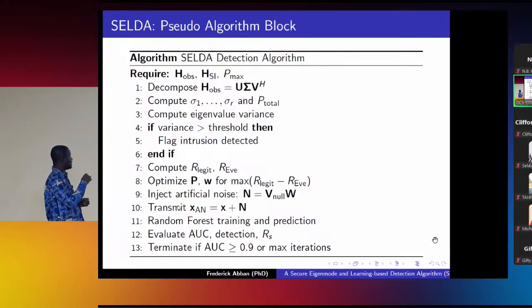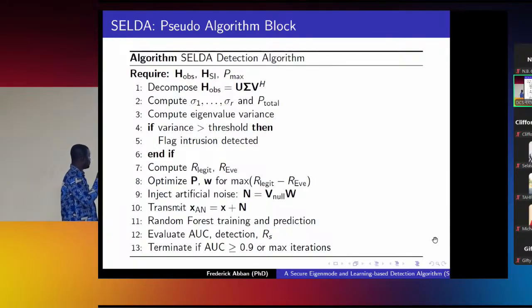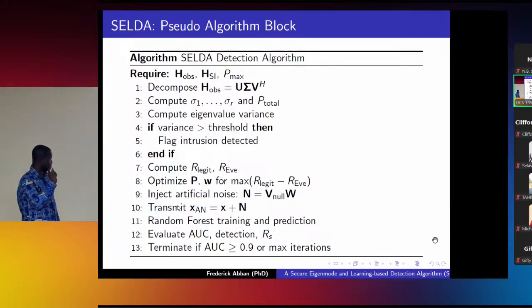If the variance was greater than the threshold, it should flag that there is an intrusion or eavesdropping. And then we computed the legitimate secrecy rate and the eavesdropping secrecy rate. And then we optimized the transmit power. After that, we injected an artificial noise. Like I said earlier, the intention of the artificial noise is to help us recompose the decomposed signal. And then the recomposed signal with artificial noise is transmitted.